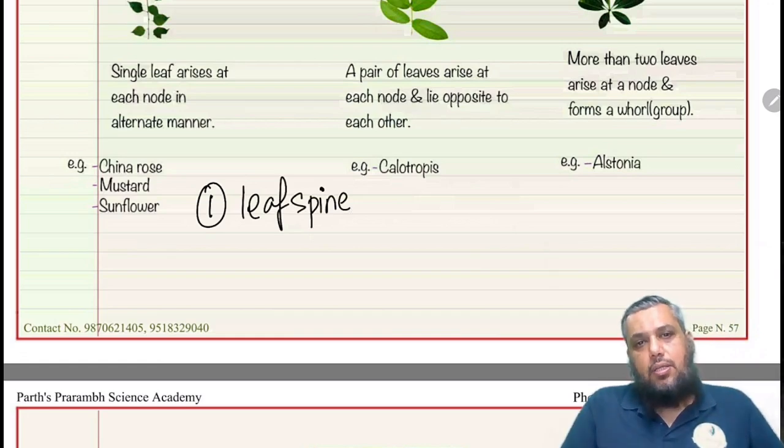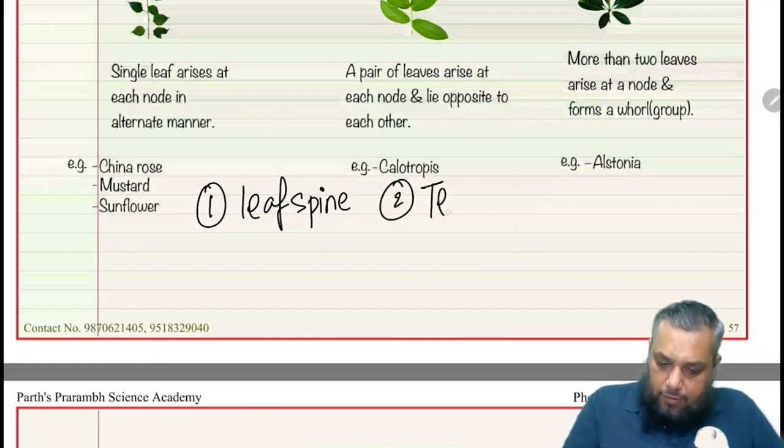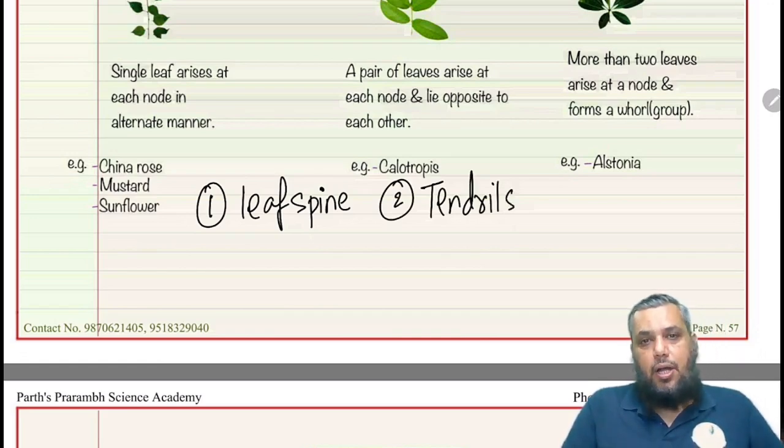And we have already seen in the phylloclades where the leaf gets modified into spines. The second type of modification of a leaf is when the leaf becomes tendrilar. So these are called leaf tendrils.